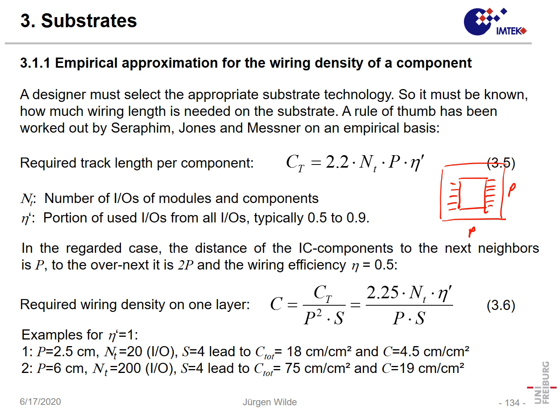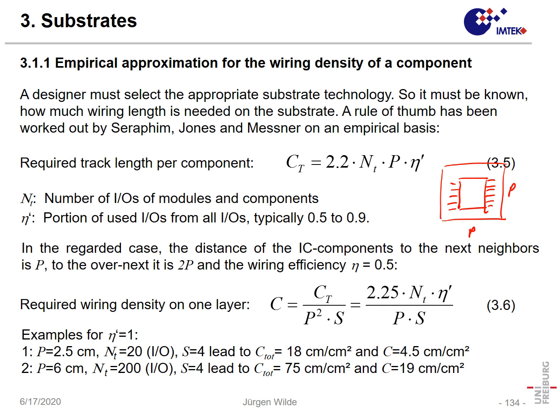You can say the required track length per component is something like twice the number of IOs multiplied with the area and multiplied with some efficiency factor, which is somewhere between 0.5 and 0.9.